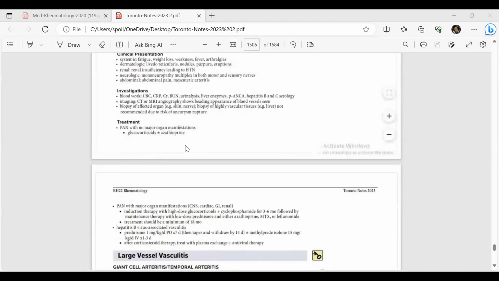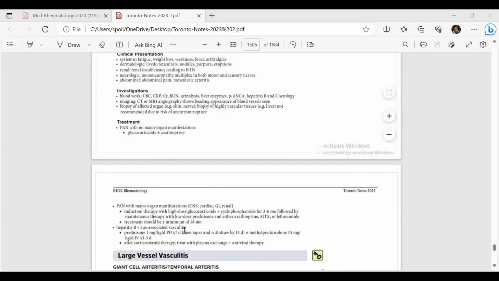The treatment is glucocorticoids with or without azathioprine, and if there is multi-organ manifestation, then high dose glucocorticoids with cyclophosphamide. Maintenance therapy is usually low dose prednisolone and either azathioprine, methotrexate, or leflunomide.